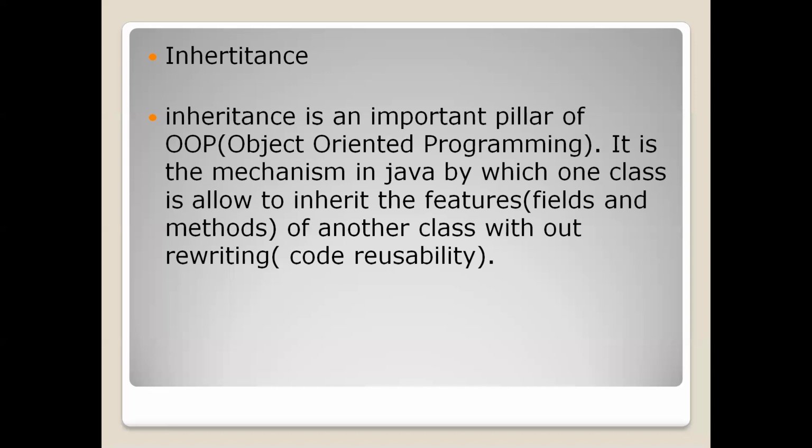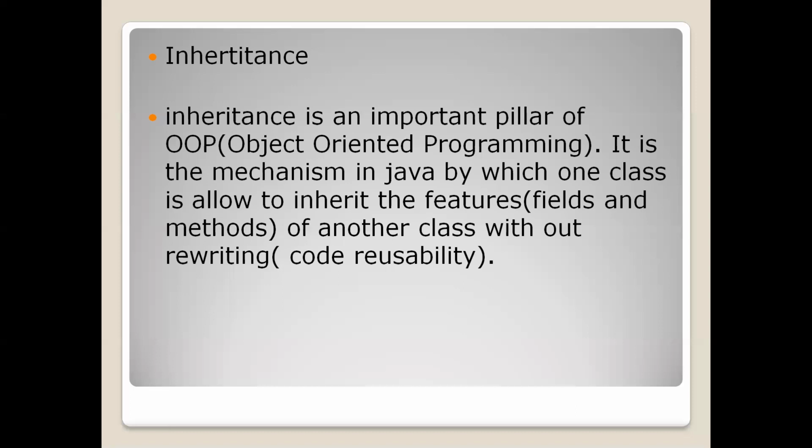Keep one thing in mind: inheritance means one class will use another class's properties without rewriting. Those properties may be variables or methods. For example, if there are two classes, class A contains some variables and methods.